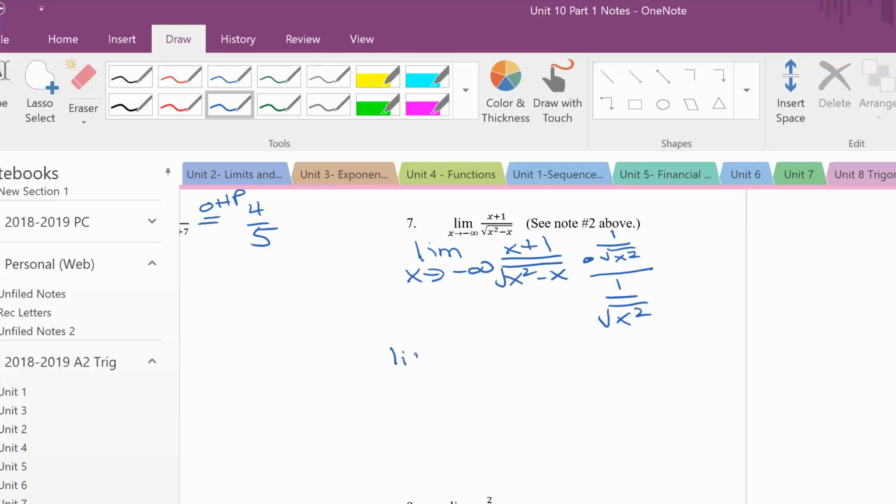So here, when we simplify that, we get x plus 1 in the numerator over the absolute value of x, because that's what the square root of x squared is. And in the denominator, when we multiply here, x squared over x squared is just 1. And then x over x squared is 1 over x.